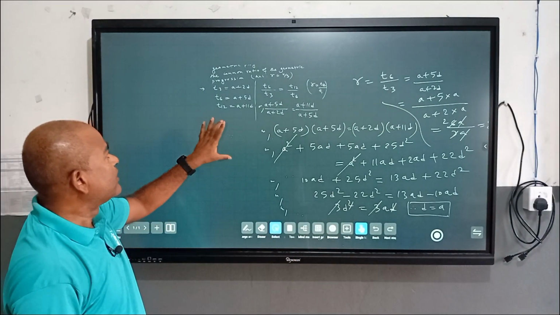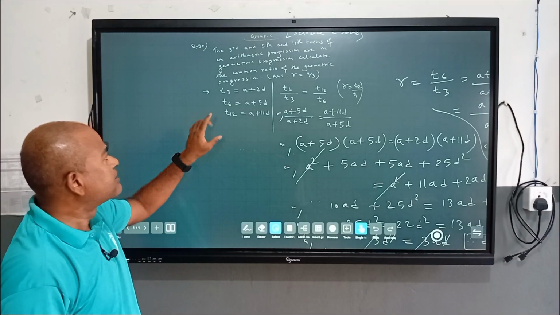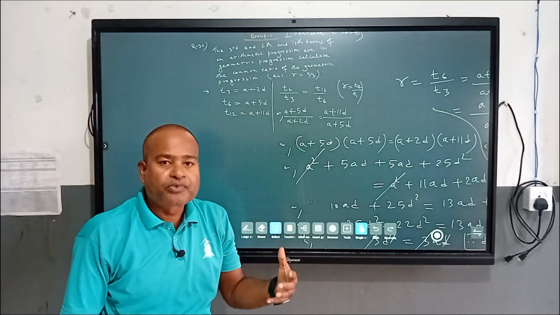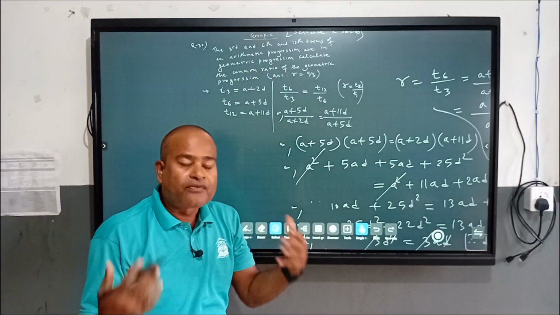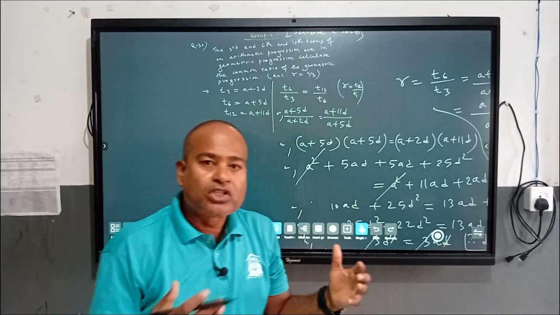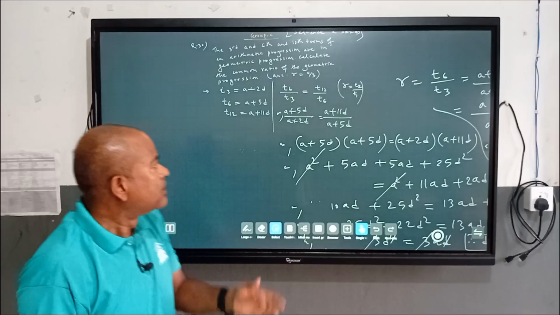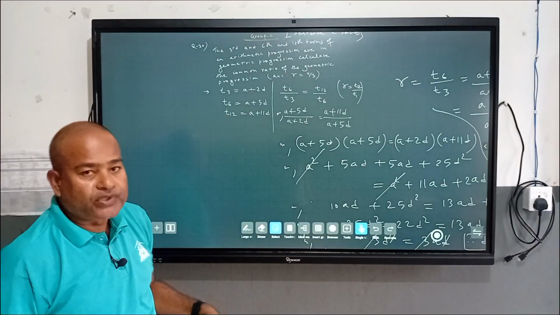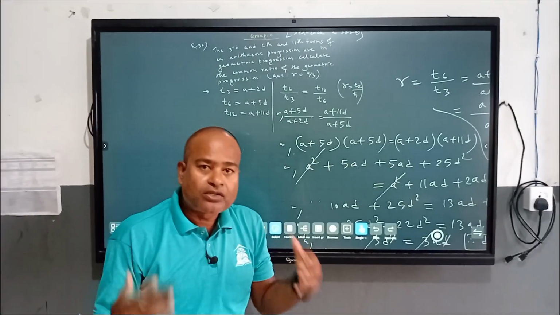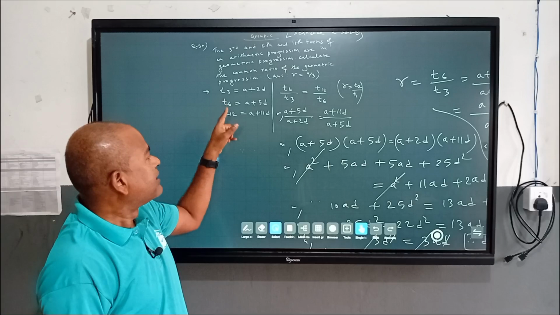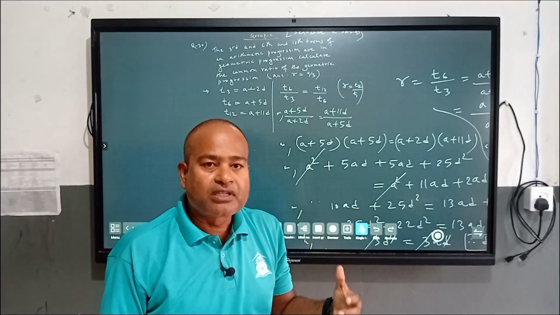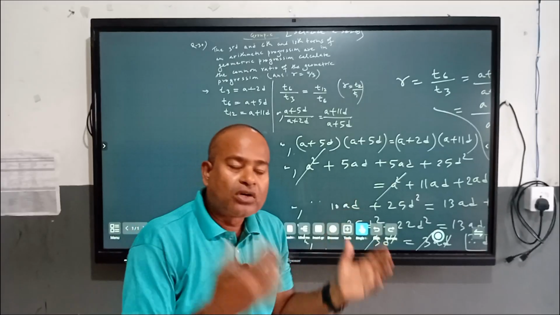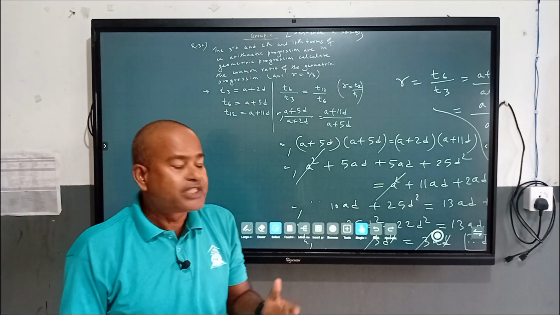According to the question, we are given 3 terms of an arithmetic progression, T3, T6 and T12, and those 3 terms of arithmetic progression are also in geometric progression. So if T3, T6 and T12 are also in geometric progression, then the common ratio must be equal. According to the definition of geometric progression, the common ratio are always equal.